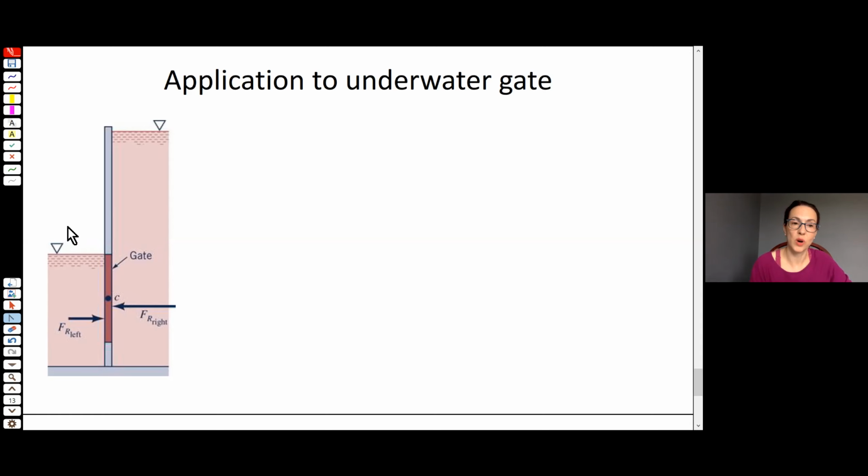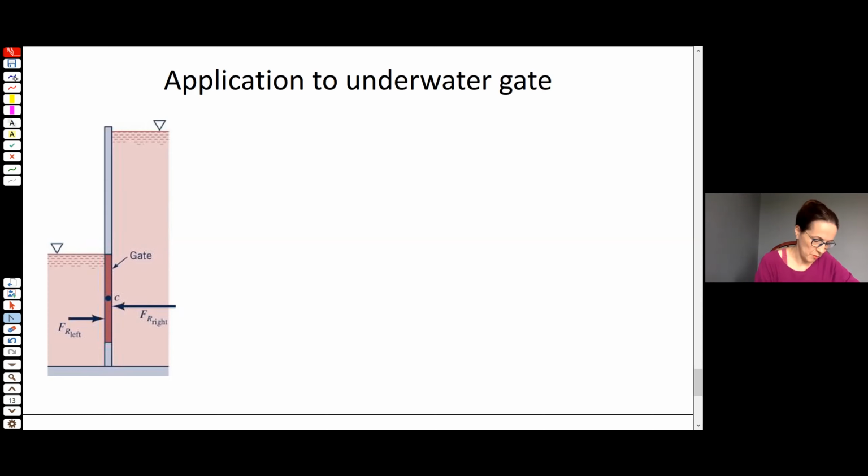Both water reservoirs are open to the atmosphere on top, so we know the gauge pressure is 0 there because of that little upside down triangle. Then we've got a gate, and presumably the hinge is right here at the water level on the left. We've got the centroid of this gate shape, so it looks like it's probably rectangular. And we've got the resultant force on the left, and the resultant force on the right here.